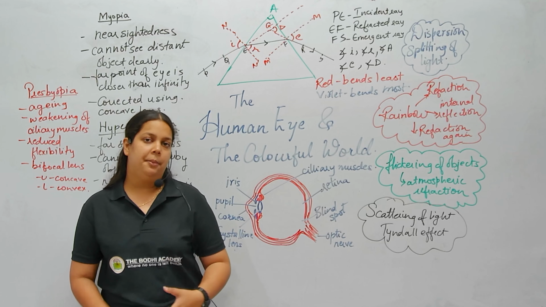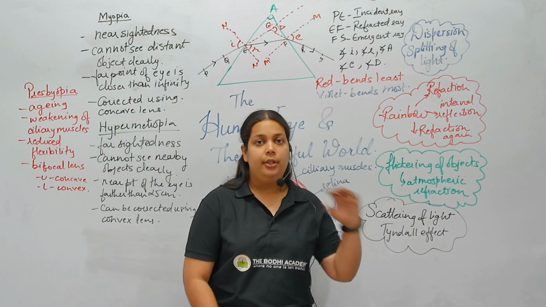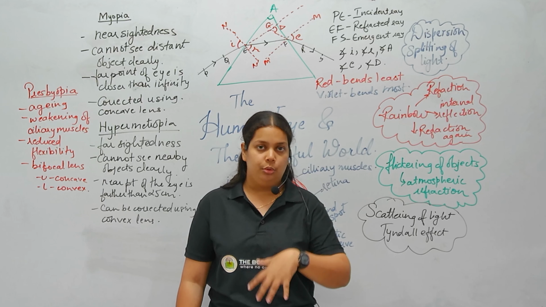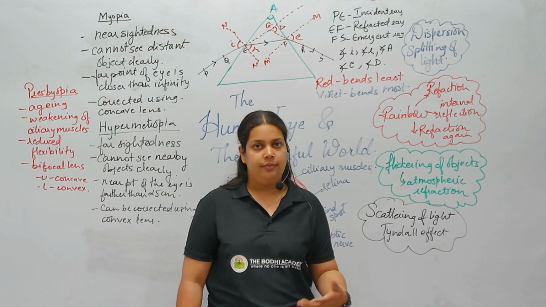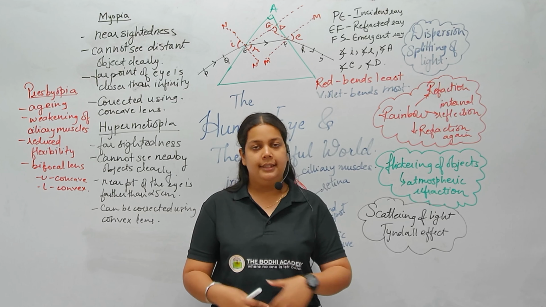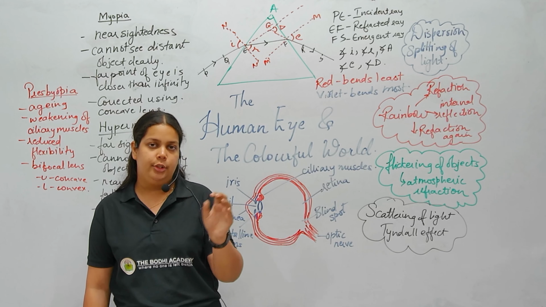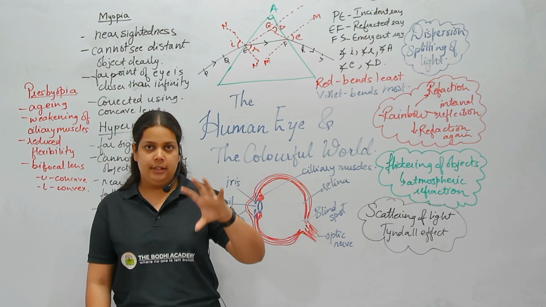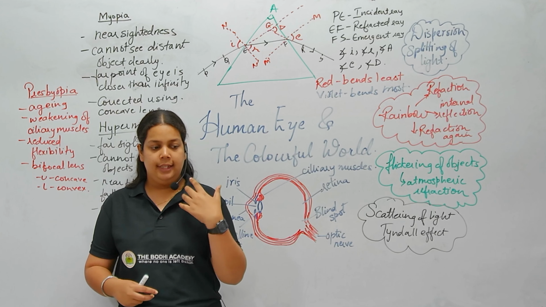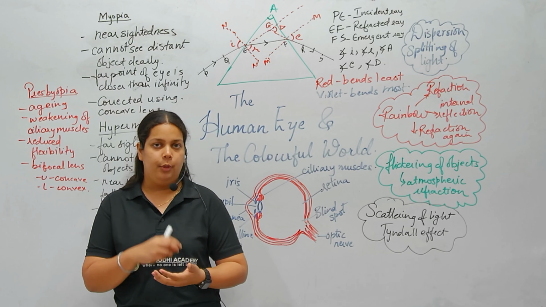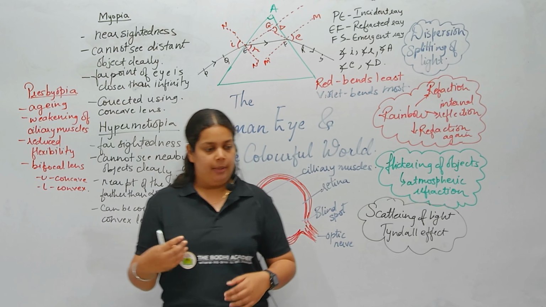But why do the planets not twinkle? The planets do not twinkle because, as compared to the stars, planets are much closer to the earth. Mercury, Mars, Venus are much closer to the earth as compared to the stars. Because they are closer, planets look like small disks or extended sources of light, and you can think of a planet as being made up of many tiny points of light.